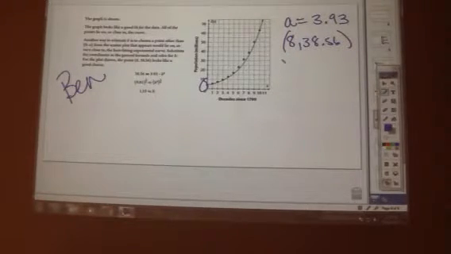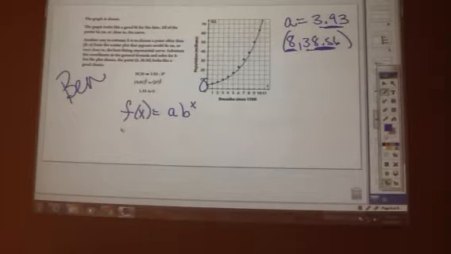This is how he did it. So here's your equation. F of x equals A times B to the x power. So what he did was he substituted that 8 for the x, the 38.56 for the y, and the 3.93 for the A. So 38.56 equals 3.93 times B to the 8 power.